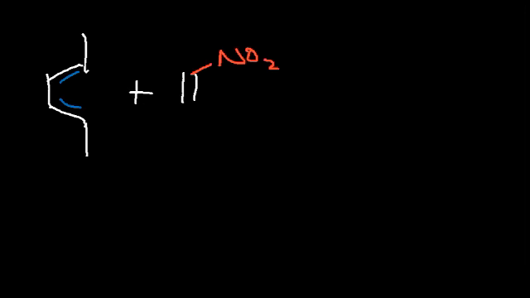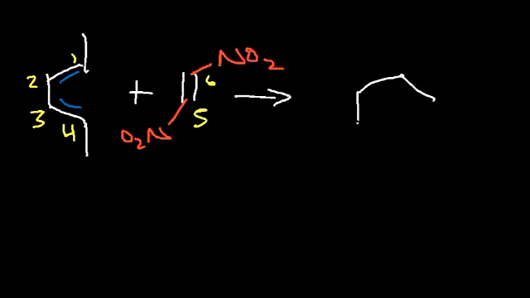Try this one. Go ahead and draw the major product for this reaction. So we can call this carbon 1, 2, 3, 4, 5, 6. So we're still going to get the 6-membered ring. And the double bond is going to be between 2 and 3. Now on 1 and 4 we do have a methyl group.